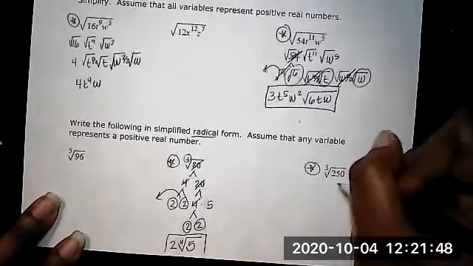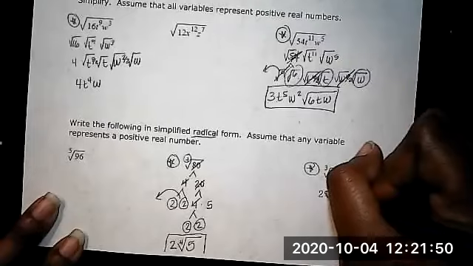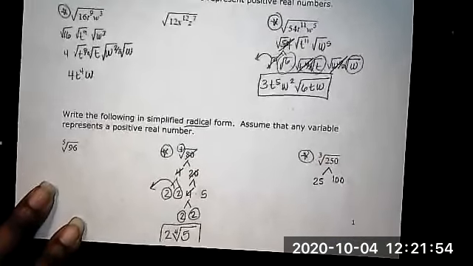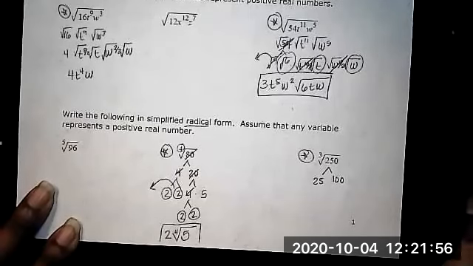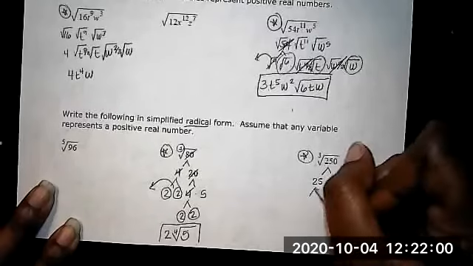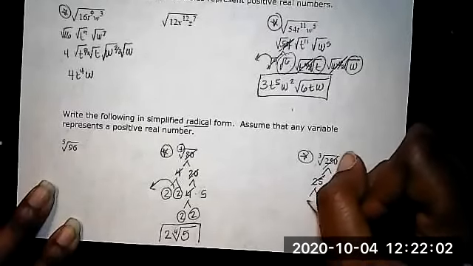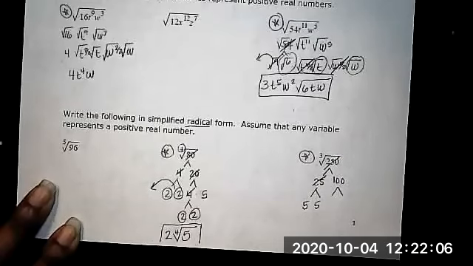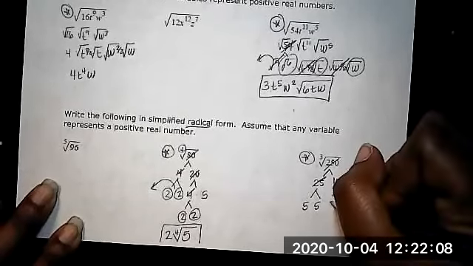All right, let's do the same thing here. I see a 25 and a 100, and again, you can do this multiple ways. Once I break 25, I get 5 times 5. There are multiple ways to break down 100.